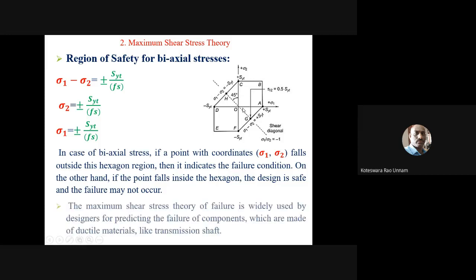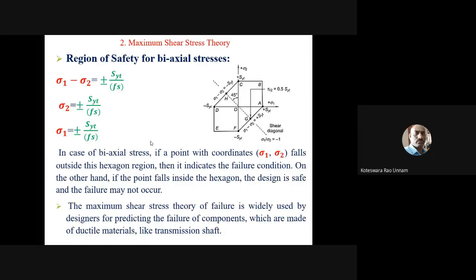So this is about the maximum shear stress theory. It is widely used by designers for predicting the failure of components made of ductile materials, like a transmission shaft. Like I already told you, this theory is mostly used for ductile materials. It is not used for brittle materials because it may not predict proper results in their case.